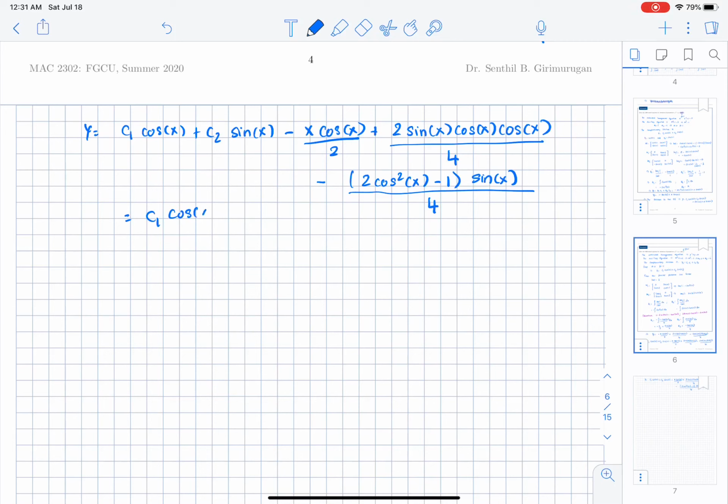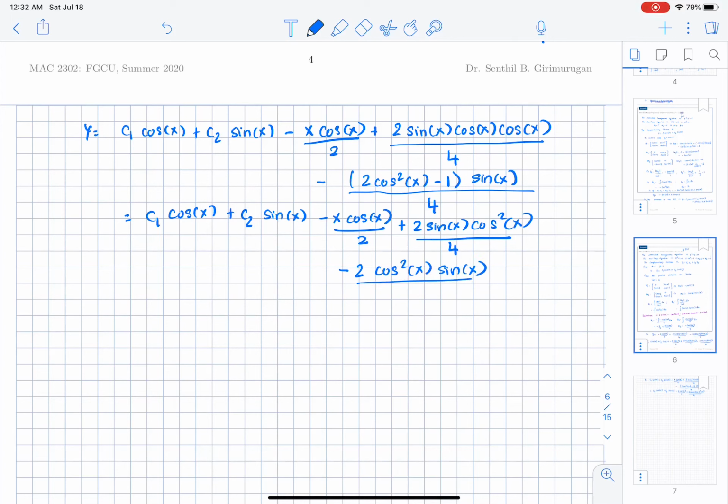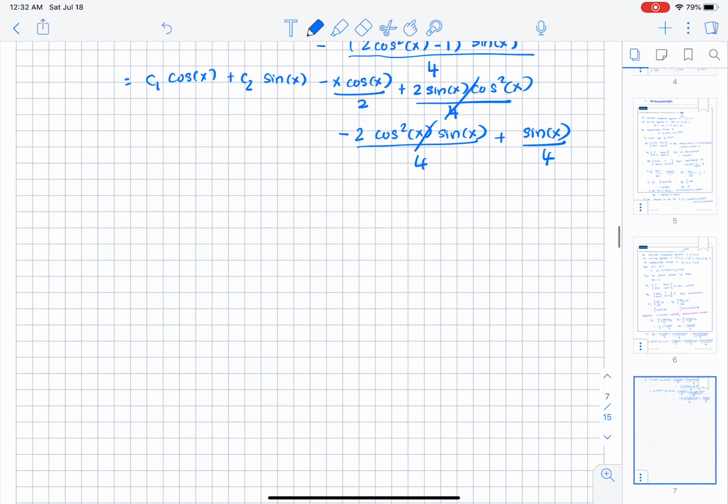which would give me c1 cosine x plus c2 sine x minus x cosine x over 2 plus 2 sine x cosine squared x over 4 minus 2 cosine squared x sine x over 4 plus sine x over 4. These two would get cancelled.